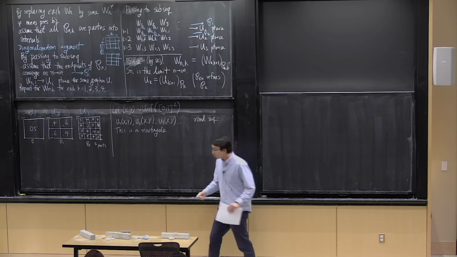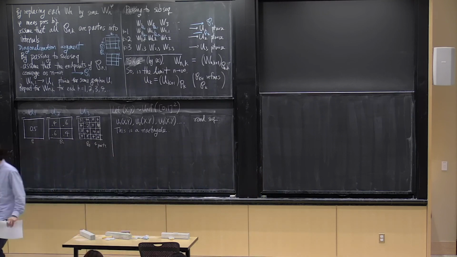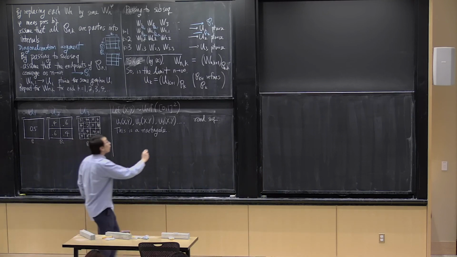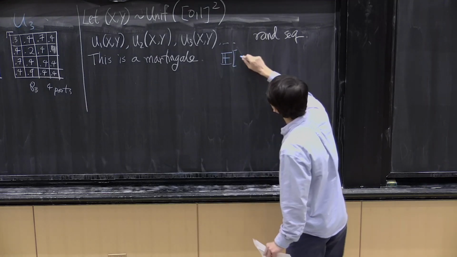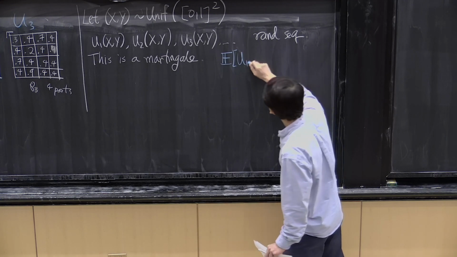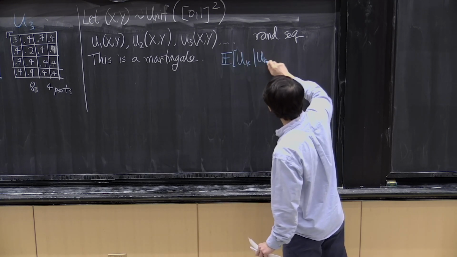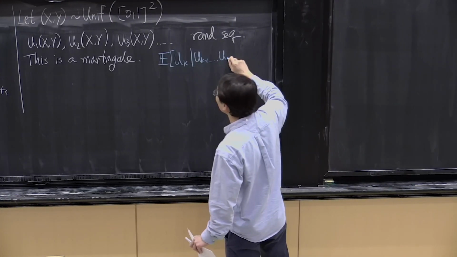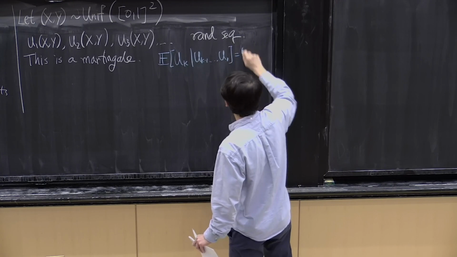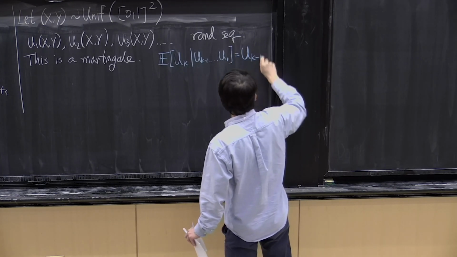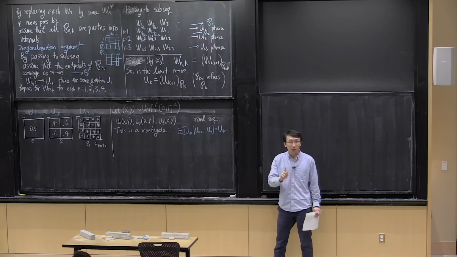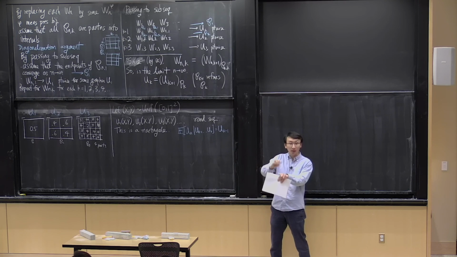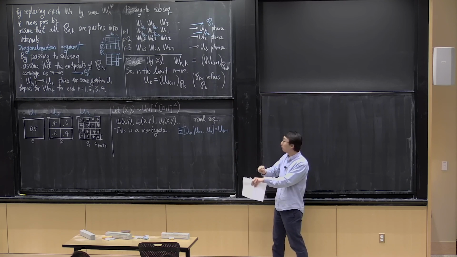So remember the definition of a martingale from last time. A martingale is one where if you look at the value of U sub k, conditioned on the previous values, the expectation is just the previous term. And I claim this is true for the sequence because of the way we constructed it. It's splitting up each box in an averaging-preserving way.